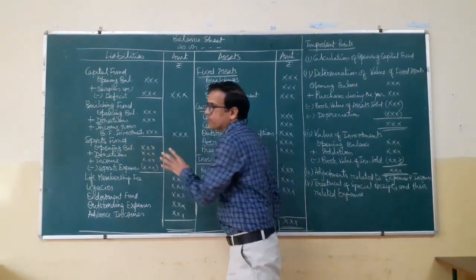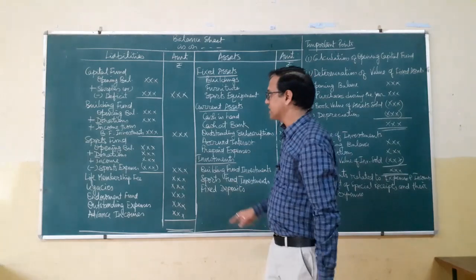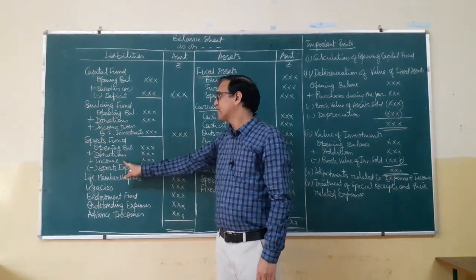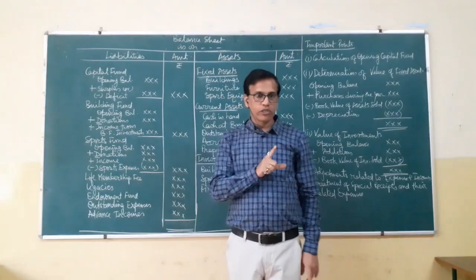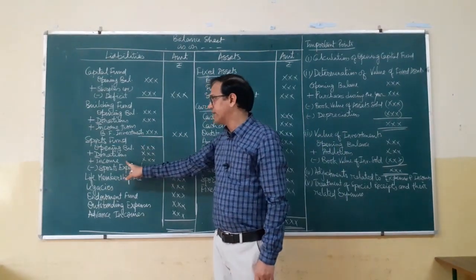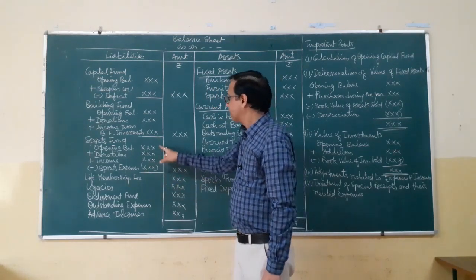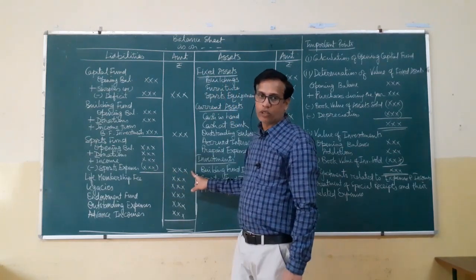The amount of this sports fund can be invested into outside securities, then we will receive income in the form of investment interest. That interest will be added here. It may be accrued also. Accrued interest is also added here. Then sports expenses we will subtract here. The final amount will go to the amount column.